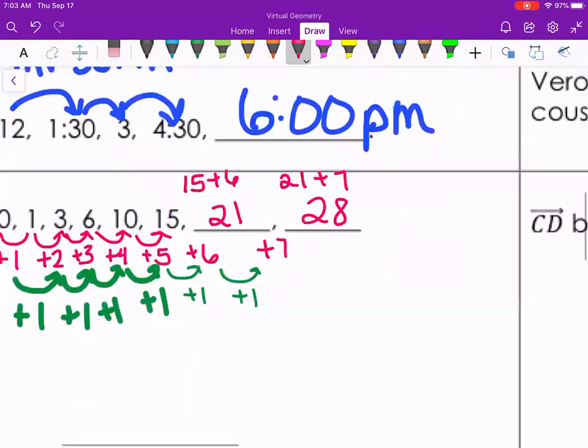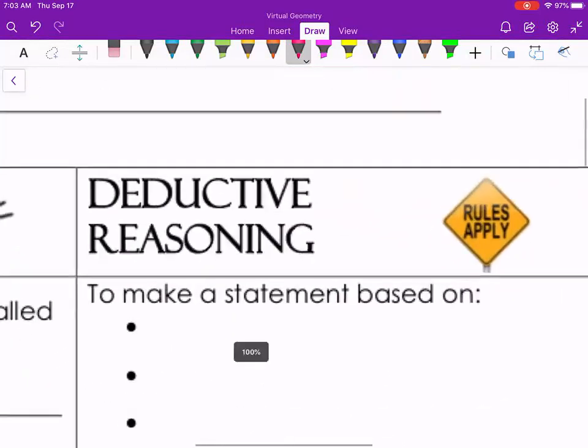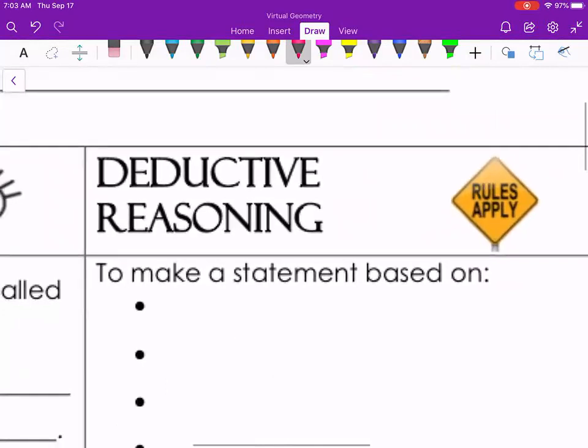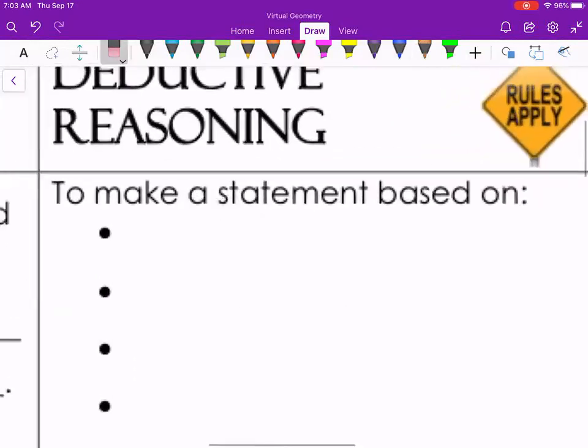The other kind of reasoning that we have is called deductive reasoning. Notice the little picture over there says rules apply, because we have to base our reasoning, our thought process, off of certain rules. So deductive reasoning is to make that conjecture based on rules.